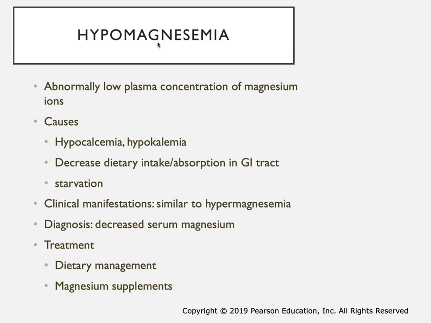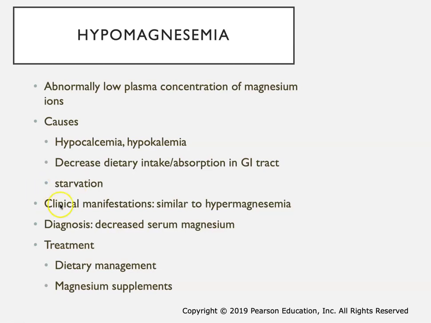Decreased dietary intake of magnesium or decreased absorption in the GI tract because of some of the other factors, I guess, that lead to that. Starvation would probably lead to a decrease in most of these electrolytes, right, or cause an imbalance.